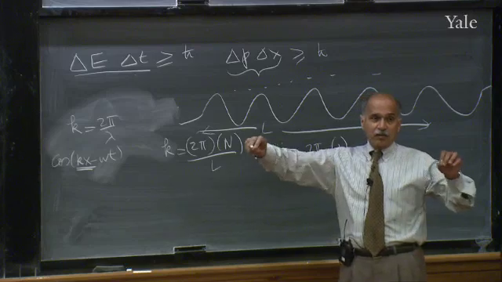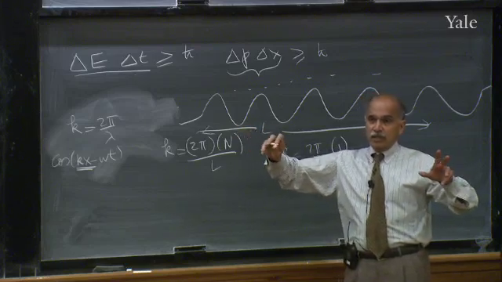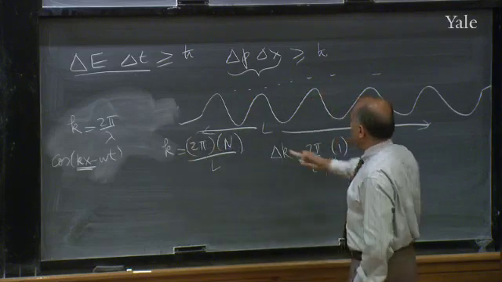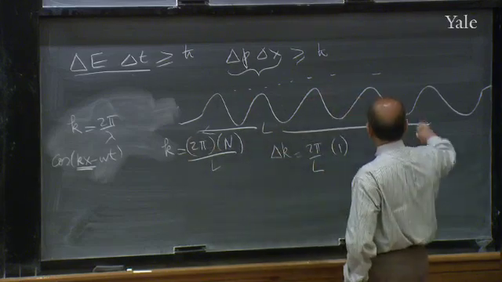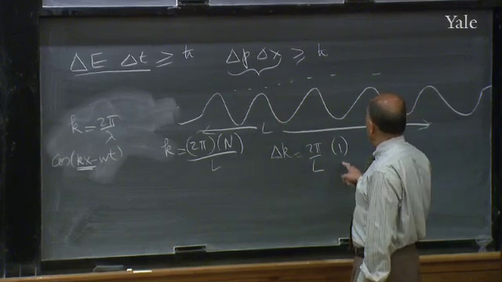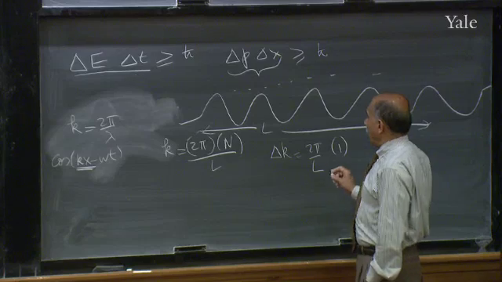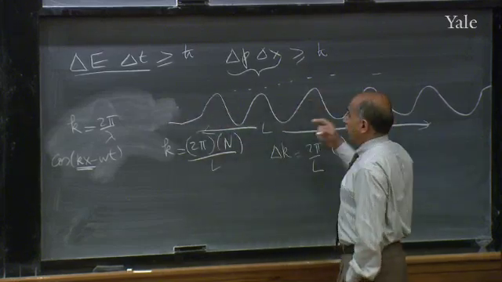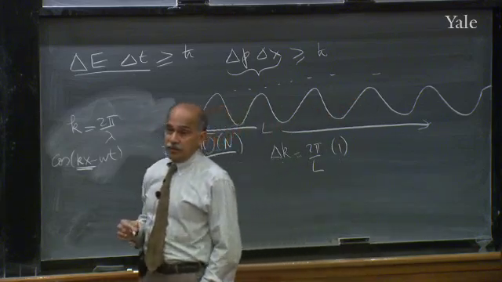You understand? A finite wave train, when you round off the edges, may not have a full number of cycles. You taper it off in some fashion. But here you've got a well-defined number of cycles. So it's plus or minus 1 coming from the end. So delta k is that. But this is a particle which is now confined to a region of length L because the wave function is 0 beyond that.